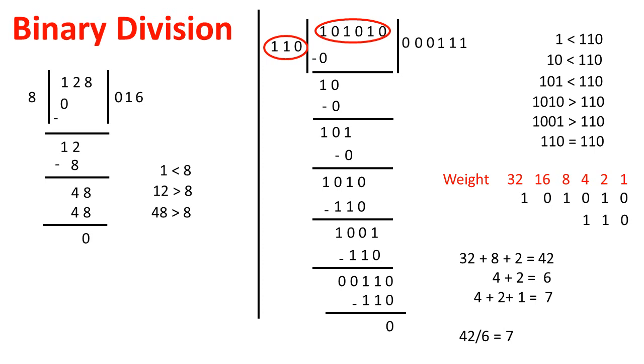If 42 is divided by 6, what will be the result? 7. So let us check out the result. See, this is the result. Now do the conversion. You can see 4 plus 2 plus 1, that is 7. The result that came out is 7. So after dividing 42 by 6, the result is 7.